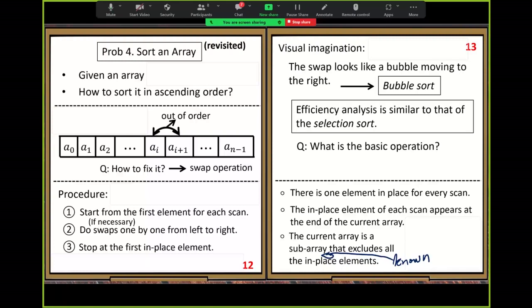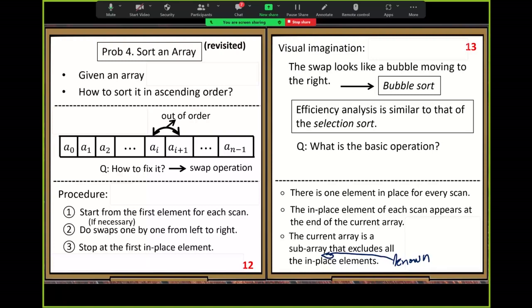But some students' textbook gives an improved algorithm to reduce the number of comparisons. So there is an improved version. Every time you do a scan, you count the number of swaps, using a temporary variable.